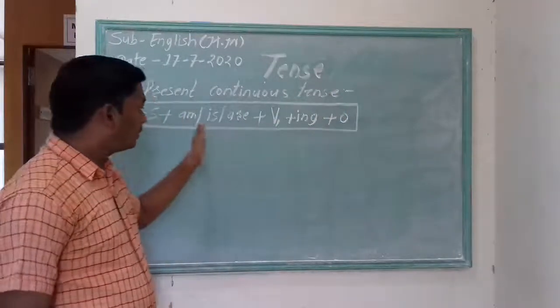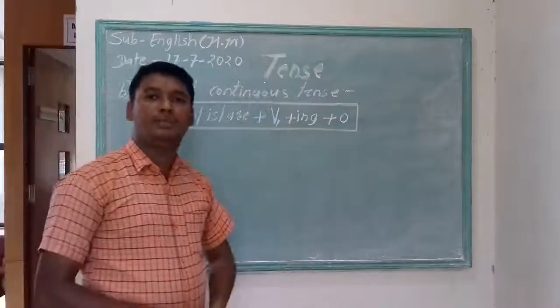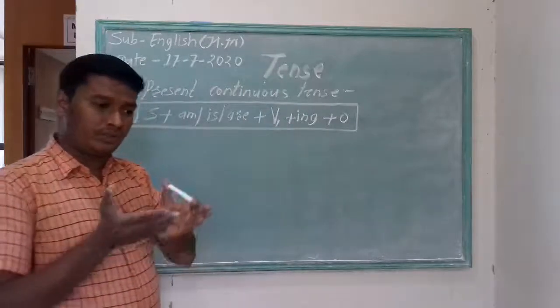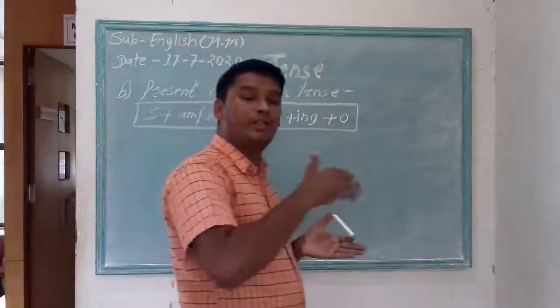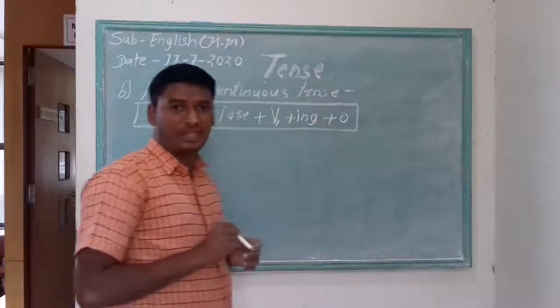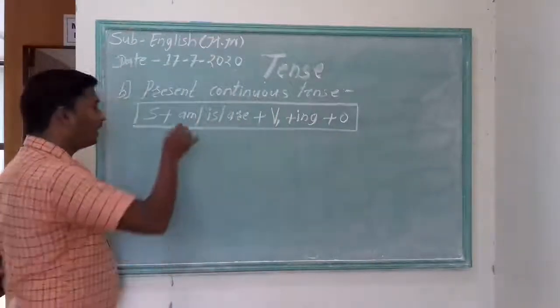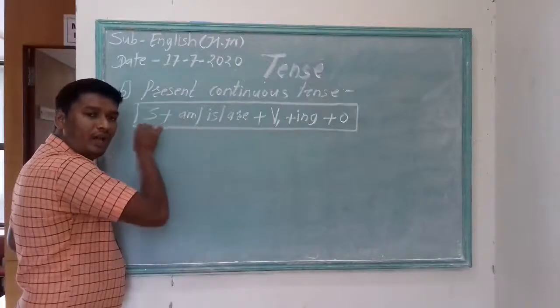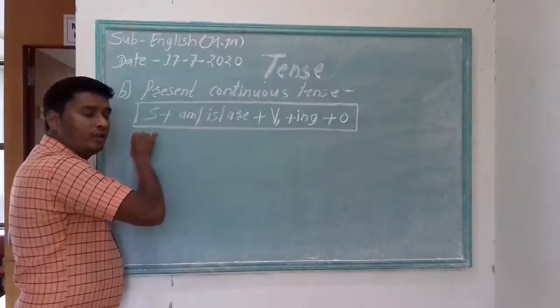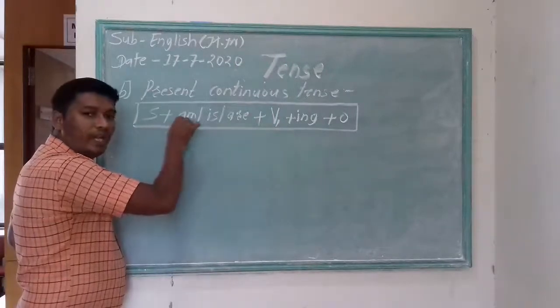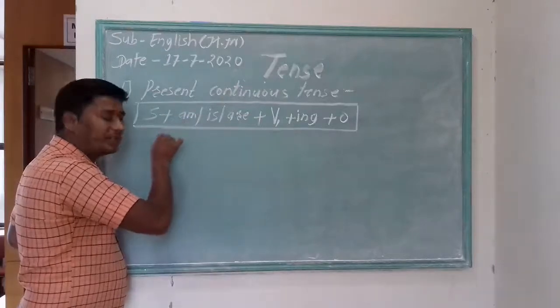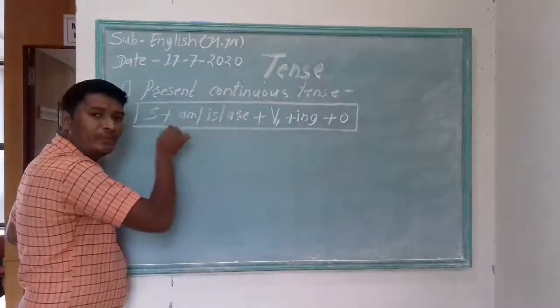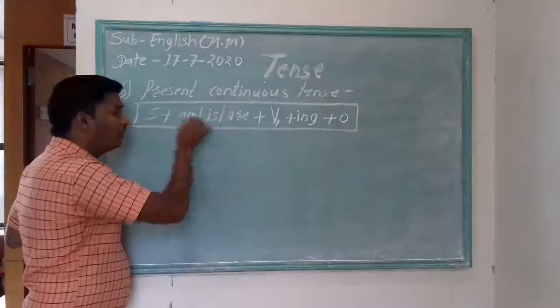Now look, there are three auxiliary verbs: am, is, are. Which auxiliary should be used after which subject? We always take am after I. If the subject is singular, we take is. If the subject is plural, we take are.